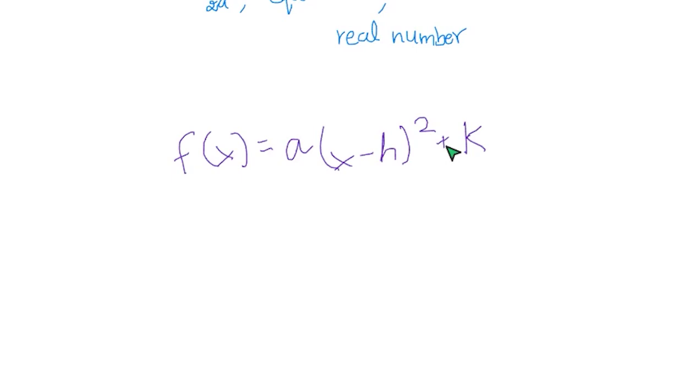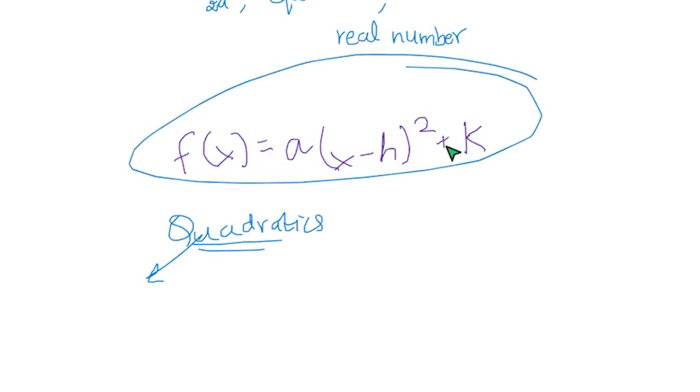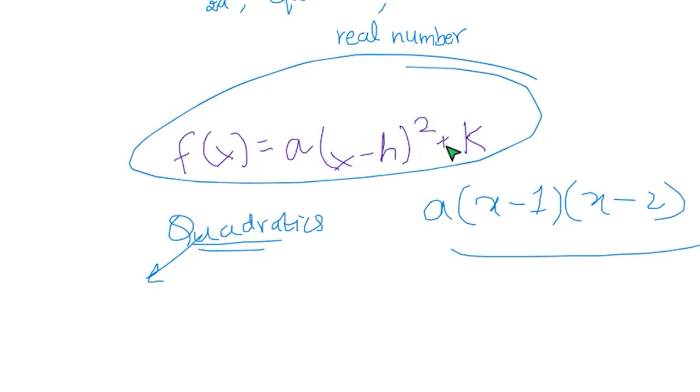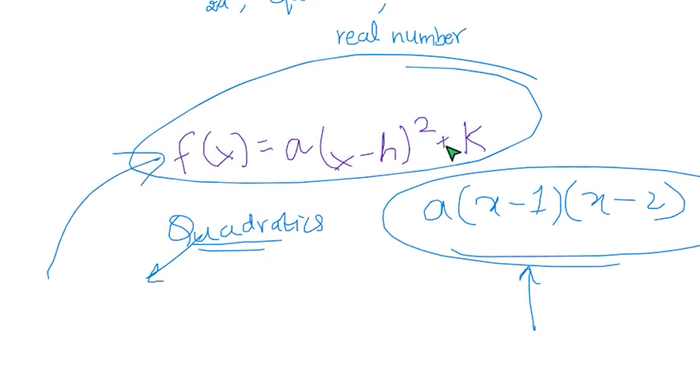There are three forms in quadratics. If you write like this, it is also a quadratic. It is just that this is called factored form, and this is called vertex form. You can also write it like x squared plus px plus c.